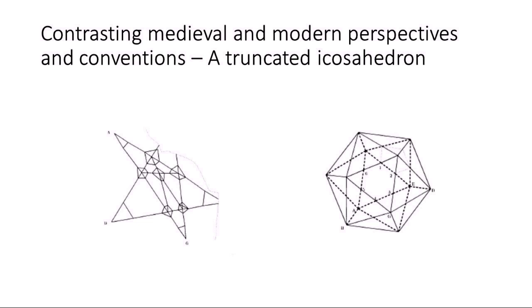It also seems to ignore the fact that modern perspectives are the result of a historical development, and I illustrate that here with, on the left, a medieval diagram showing how to construct a truncated icosahedron, and on the right, a modern diagram showing the same procedures. And the two diagrams look very different from one another. This is what I refer to as a difference in perspective, a difference in drawing conventions.